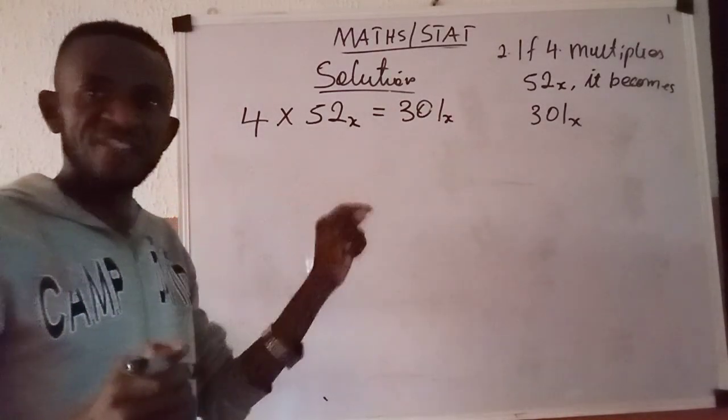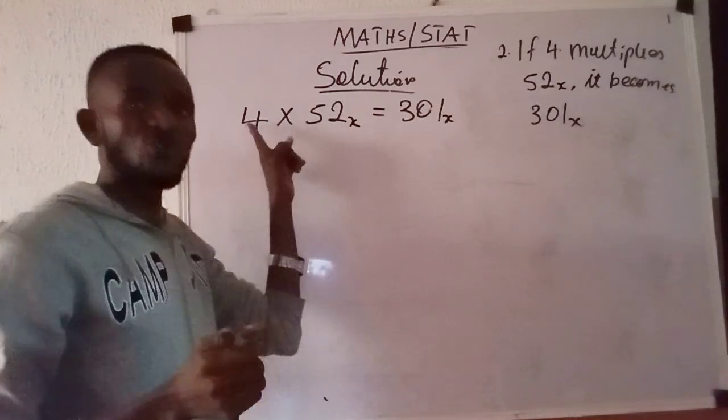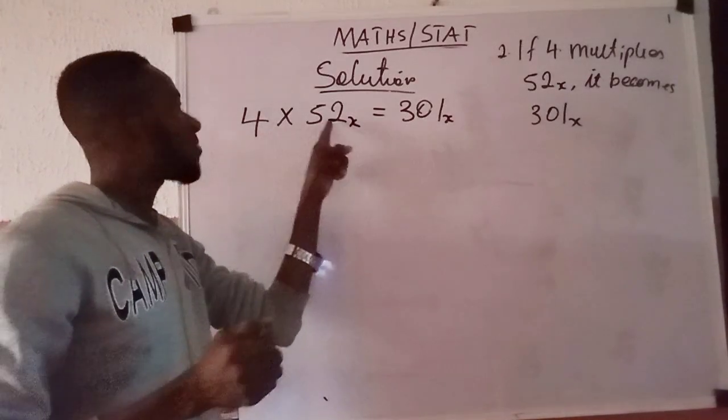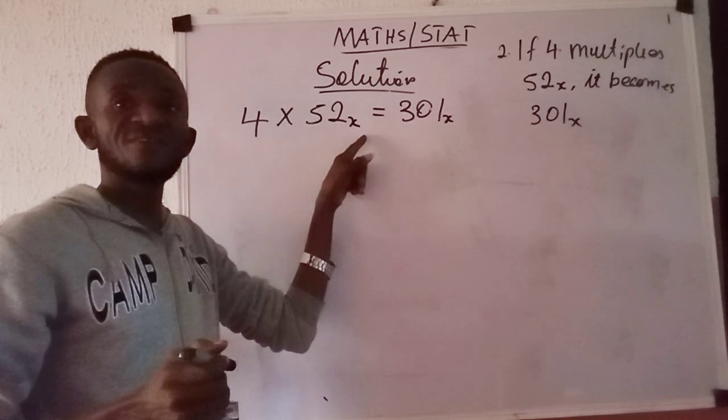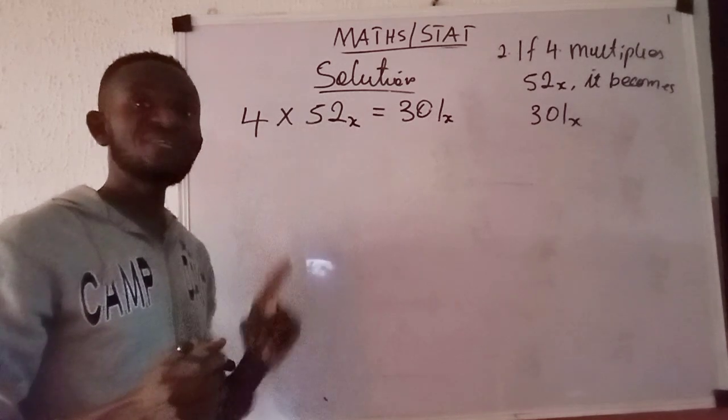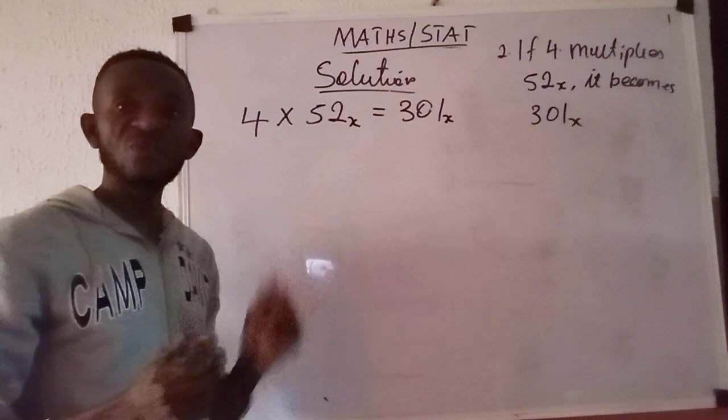And the carefulness here is that we are not going to use this 4 to multiply this 52, 5 to base X before expressing this thing in base 10. If we do that, we run into trouble.